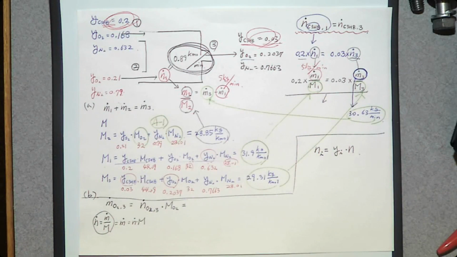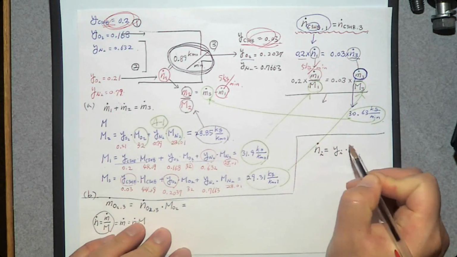Mole fraction is the number of moles of that component divided by the total number of moles. So if you want the molar flow rate, you can add a dot on top of it.